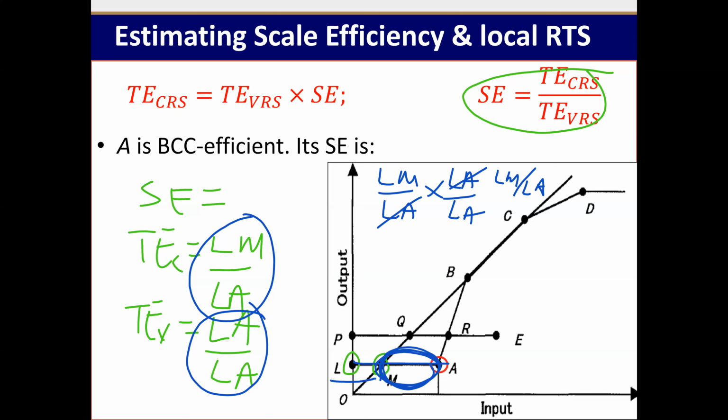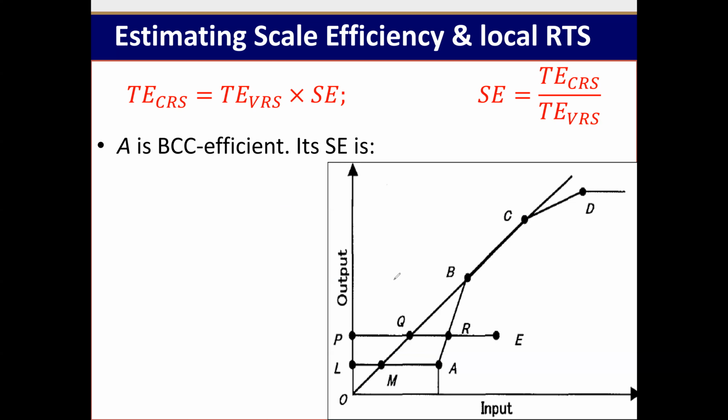All right. So we are now able to say clearly that the scale efficiency of this one is below 1. And if it is below 1, then we are expecting it to be IRS, because we said that the IRS is when the efficiency is below 1.